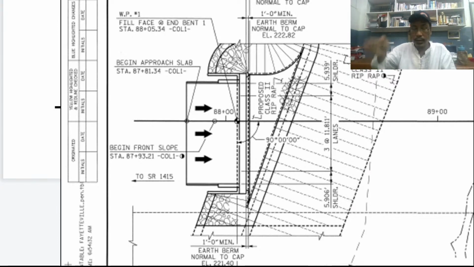It looks like a small hump. But here, this berm may look bigger than a hump, because we are looking at a very large project. It's a very big bridge. So that is what we mean by berm.